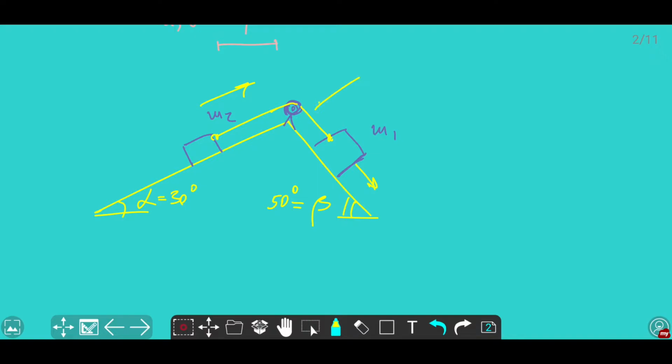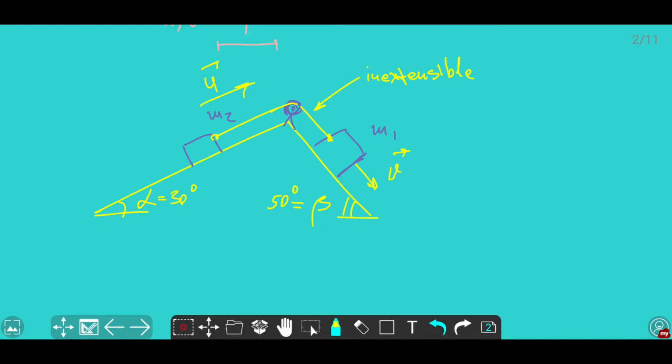If this string is inextensible, we still consider that this string is inextensible. However, directions will be different. Let it be V, let it be U, because of different angles, right?